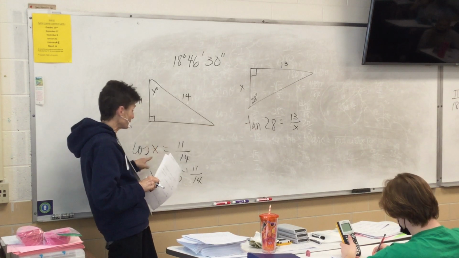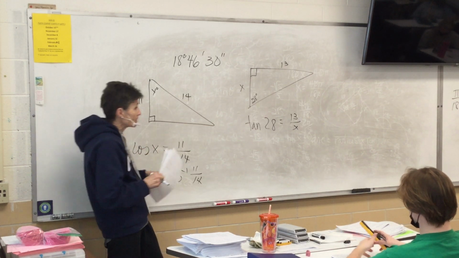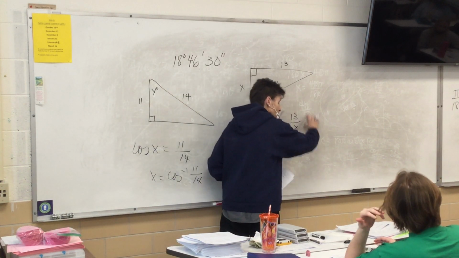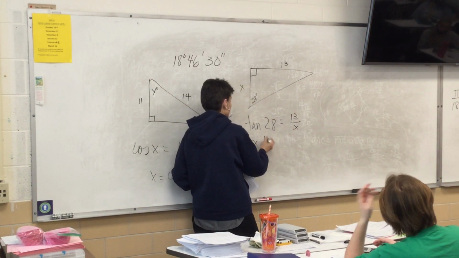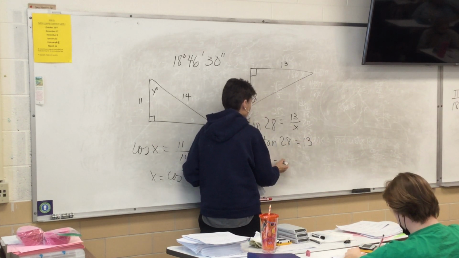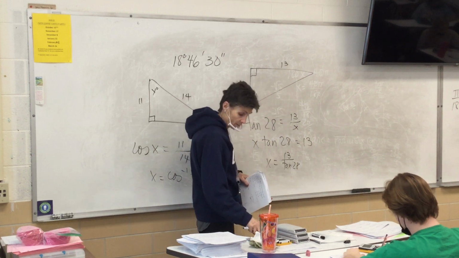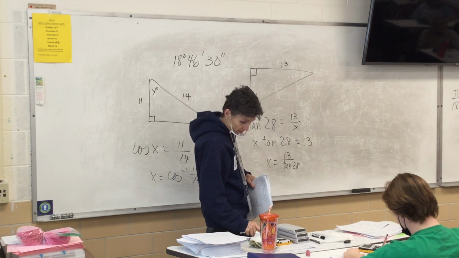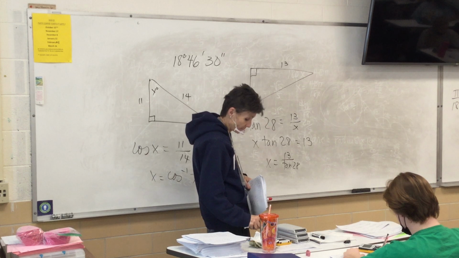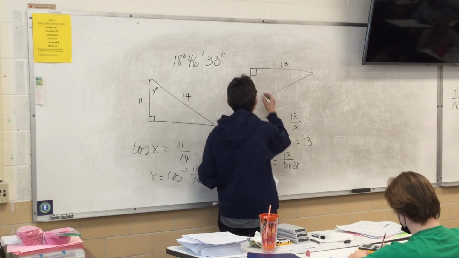Look at that equation, look at this equation. They are different. When the x is over here, you have to solve it. So I'll multiply by x and divide by tan 28. So, 13 divided by tan 28, 24.45.